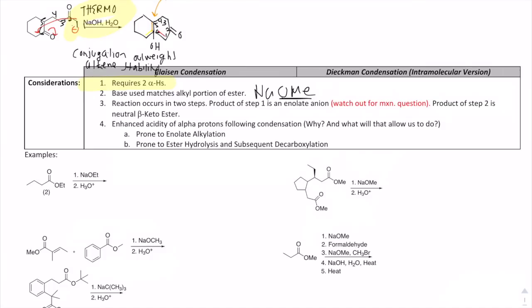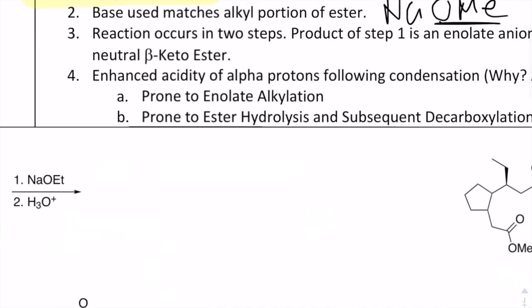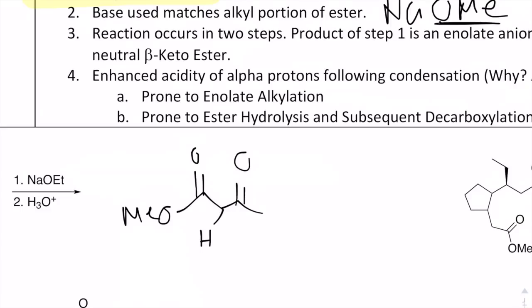Also, the enhanced acidity of alpha protons following condensation. So let's rationalize why the alpha protons would be more acidic in a Claisen condensation. It's the same rationale as with the aldol reaction, but let's just say this was my starting material, this ester.